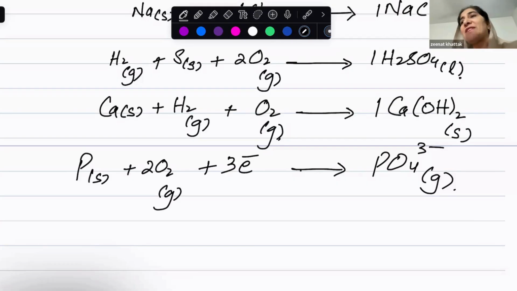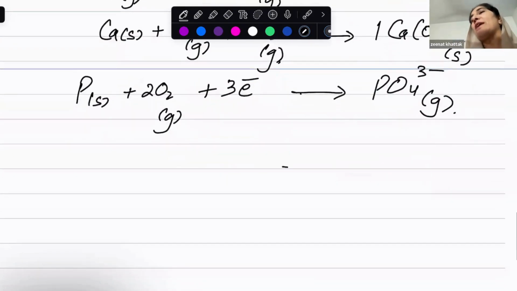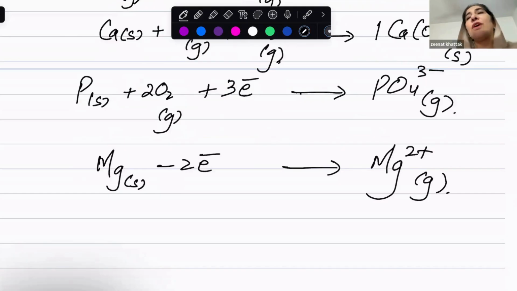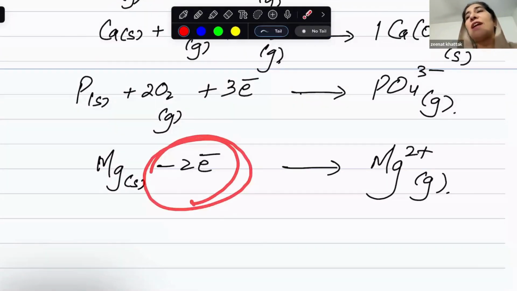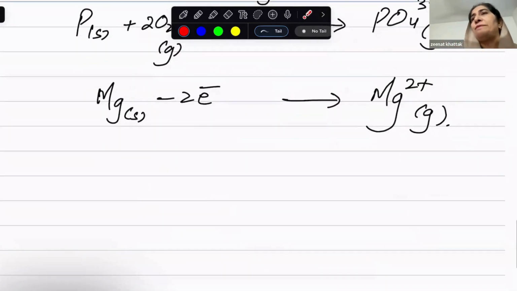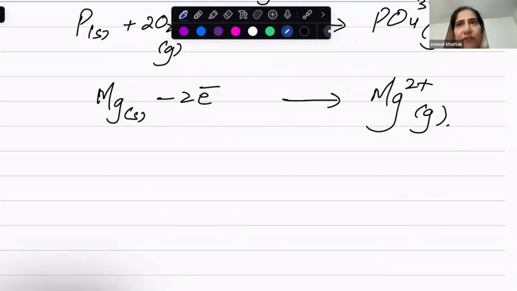You are making magnesium ion from its element, magnesium. It's not gaining electrons, it's losing 2 electrons. You can write the 2 electrons on this side or that side. So you are making 1 mole of anything from its elements. That is called what? Enthalpy change of formation. It could be exo, it could be endo.